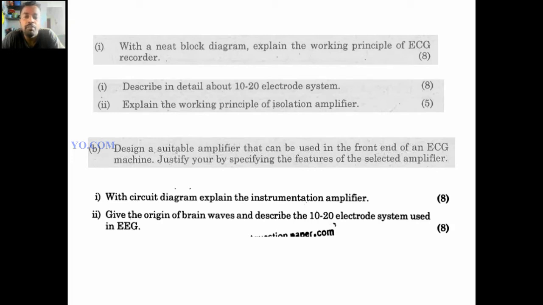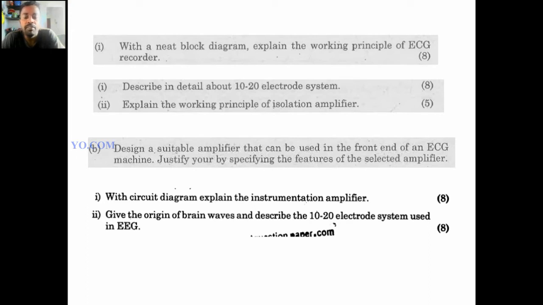What is the amplifier that is used in front of ECG? That is a differential amplifier, from unit 3, or instrumentation amplifier. Justify your choice by specifying the features of the selected amplifier. The features of the selected amplifier are higher CMRR, higher input impedance, lower output impedance, higher gain, and very low noise.